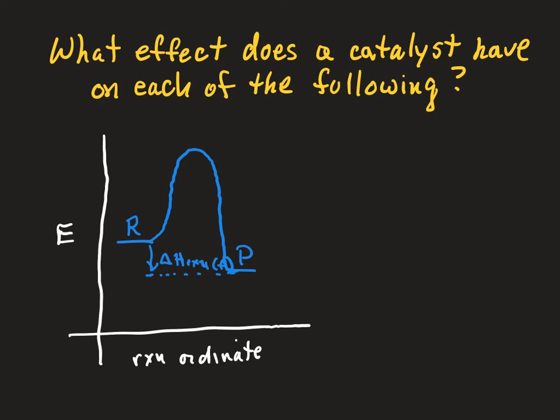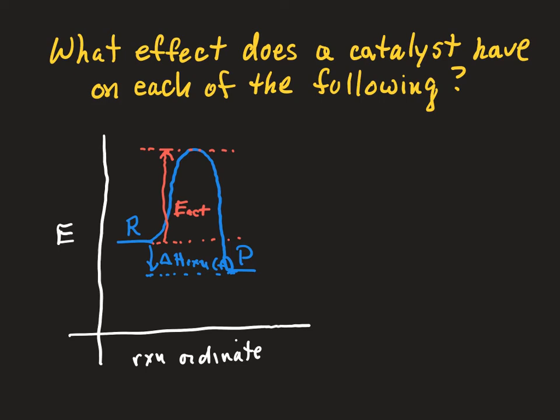Let's change to this color. If we look at this line and this line, that represents our activation energy. And we know from the Arrhenius equation that activation energy affects the rate constant, which affects the rate.